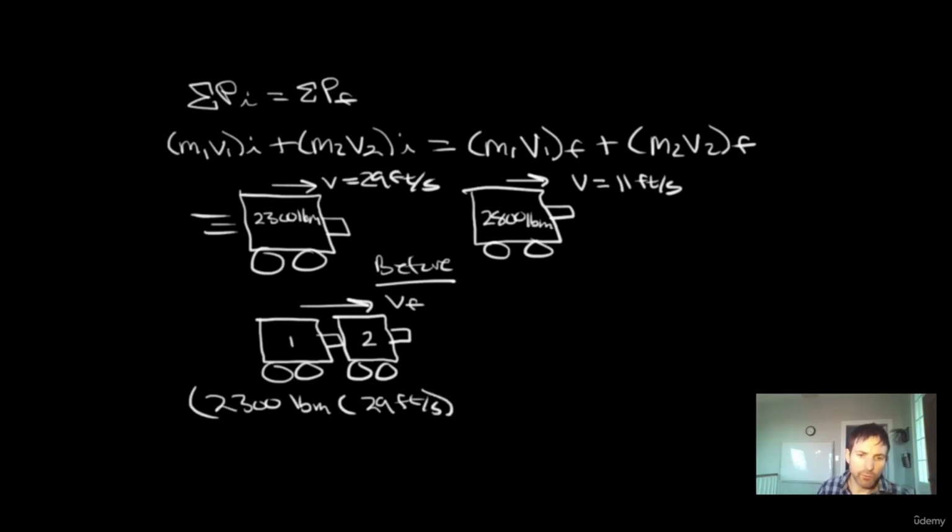And something to remember is the initial velocity, just think of it as just before impact. So initial is just before impact, final is just after. And that's going to be plus the mass of the second object, which is 2,800 pound mass, multiplied by its initial velocity of 11 feet per second.